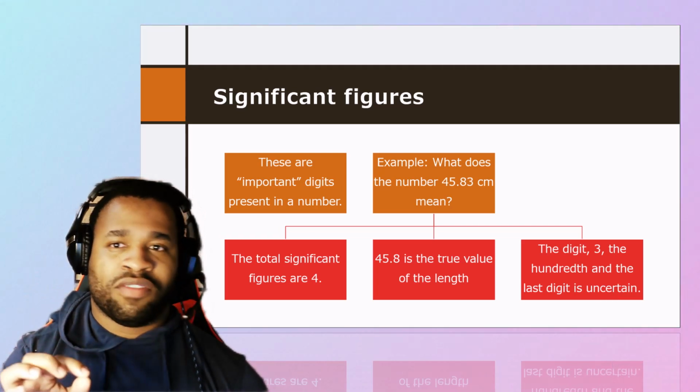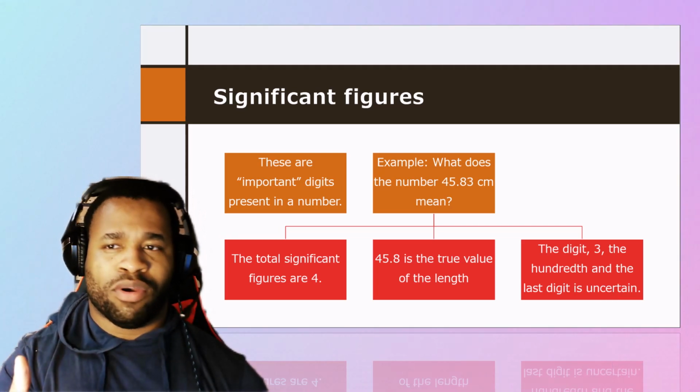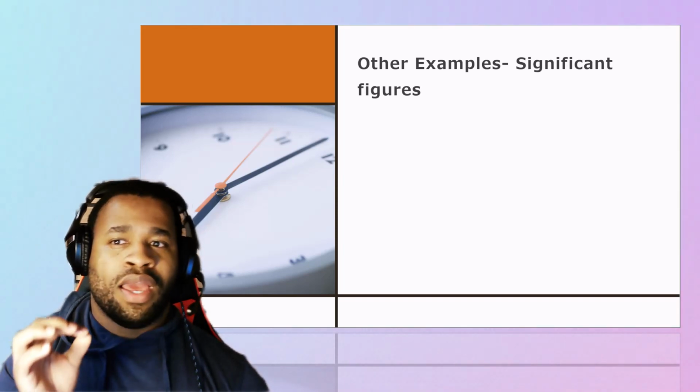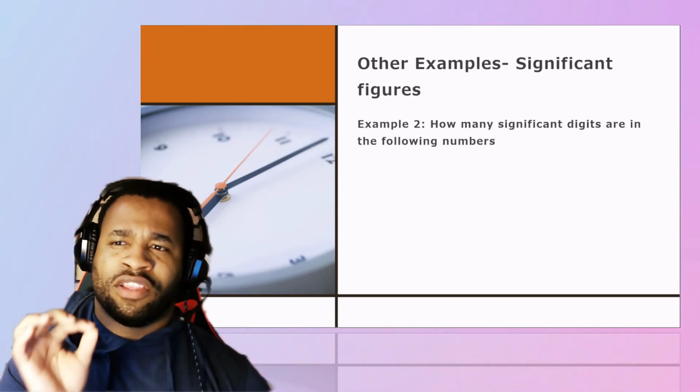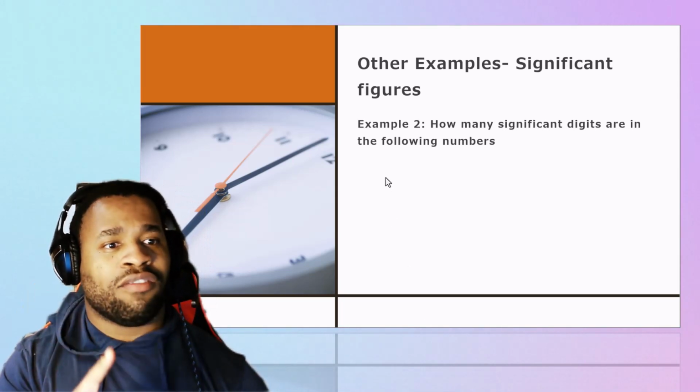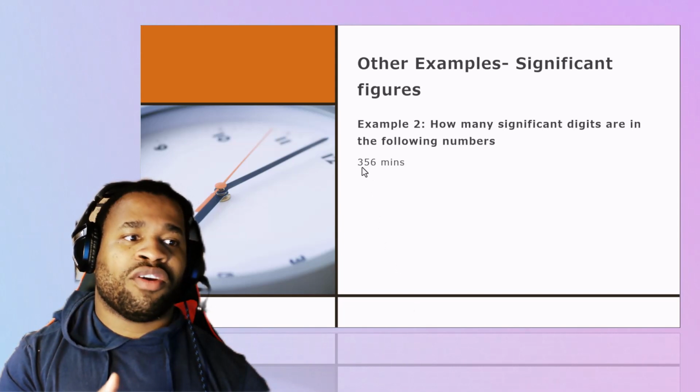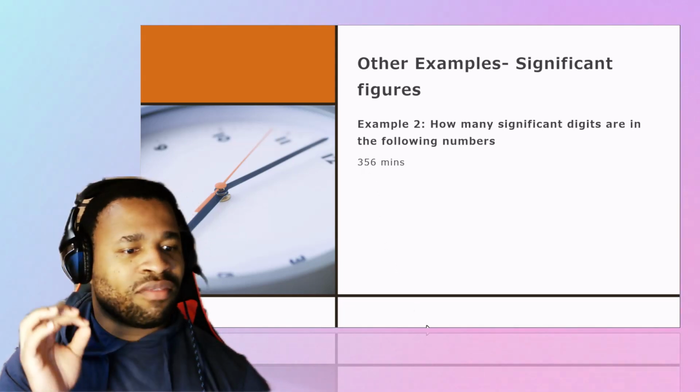So in this case, we're going to look at examples of significant figures in terms of the following: how many significant digits are in the following numbers. In this case we have 356 minutes.